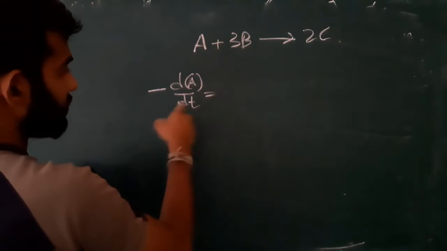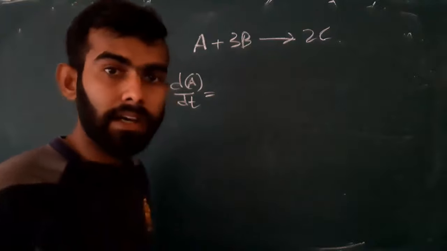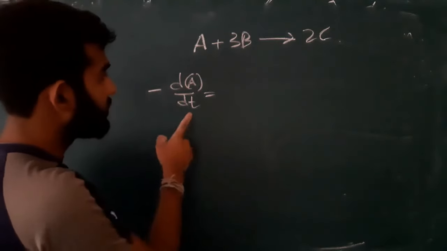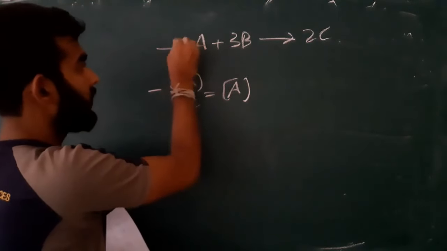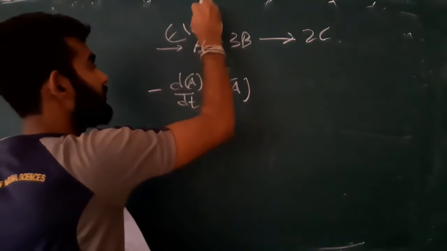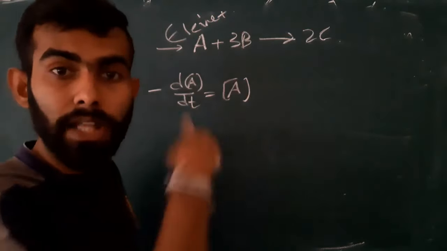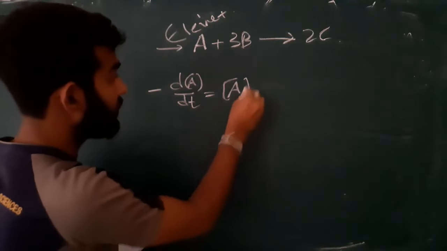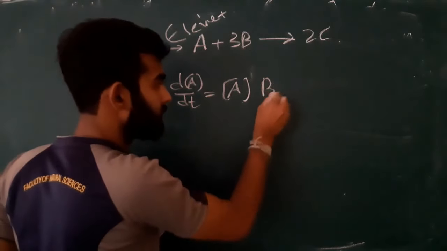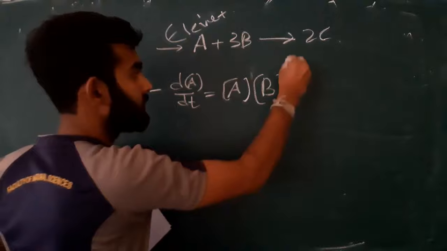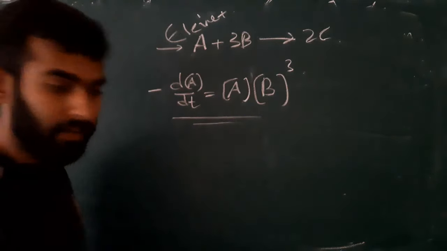By using this term we have to write down the expression for the rate. So the rate is equal to the concentration of A. We know this is an elementary reaction, they have given that. For an elementary reaction, the stoichiometry is equal to the order. So the order of A is 1, we will not write 1, and for B the stoichiometry is 3. This is the expression for this elementary reaction.